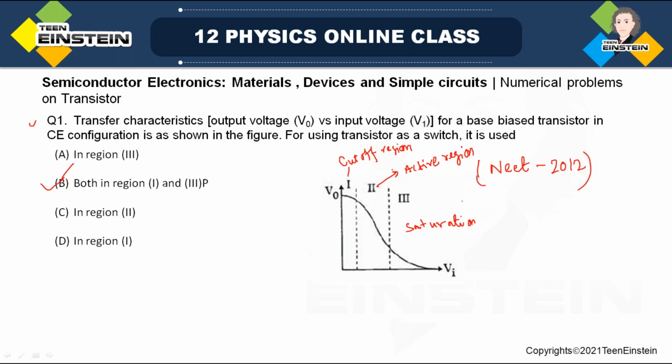So both in region 1 and region 3. So this is the question and we have got the answer also. This is a very simple problem. If we remember the switching action and this transfer characteristics, then it is easy to solve.